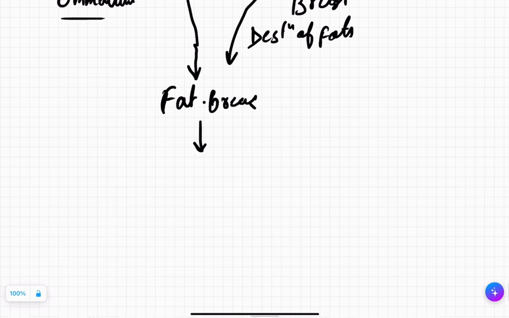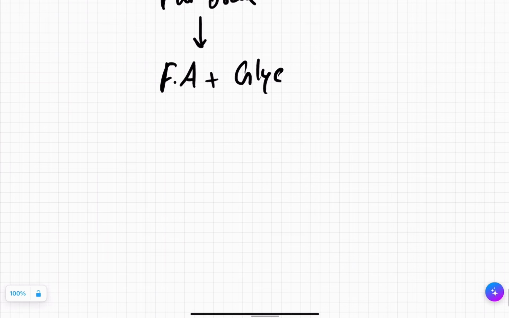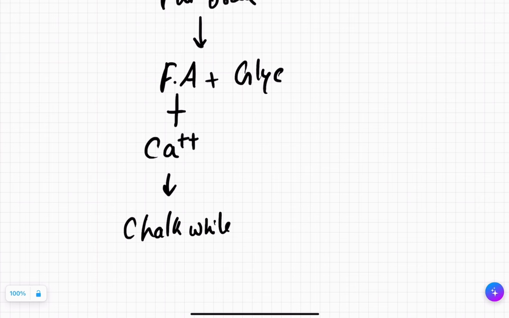Now, once the fat breakdown happens, what is released? Fatty acids and some kind of alcohol, for example, glycerol. This fatty acid associates with the calcium ion, because we know during irreversible cell damage, a large influx of calcium takes place. So this fatty acid associates with the calcium and it forms a chalky white precipitate.